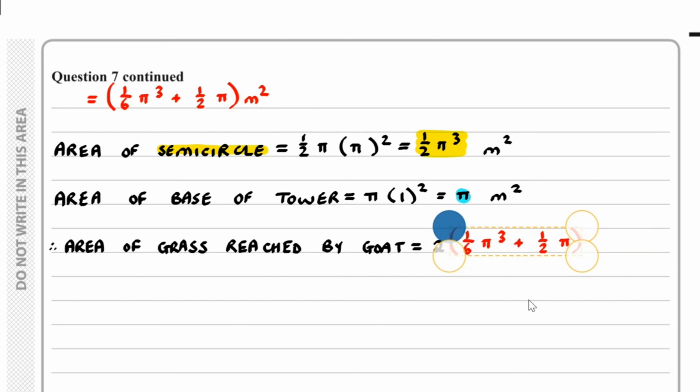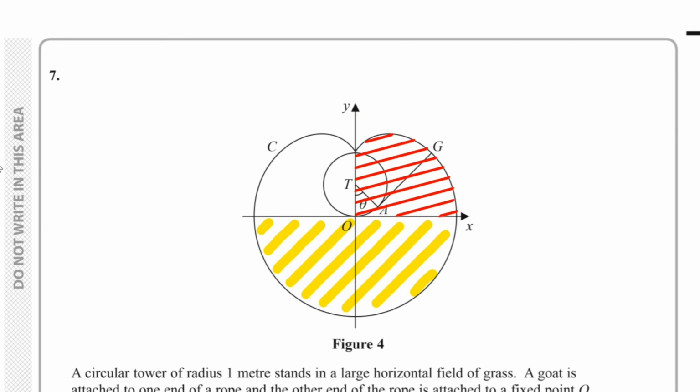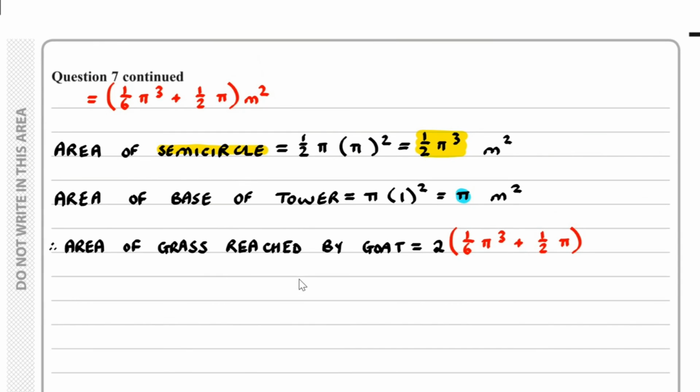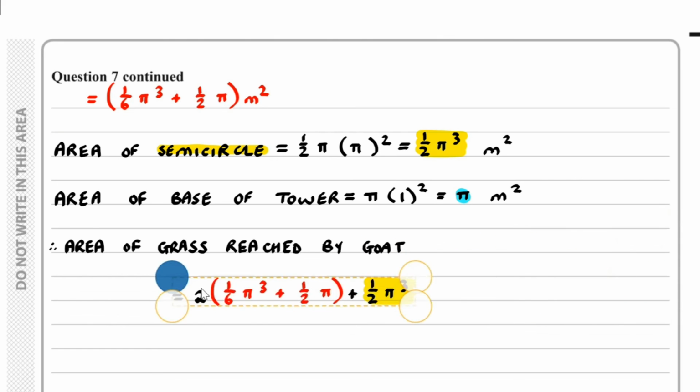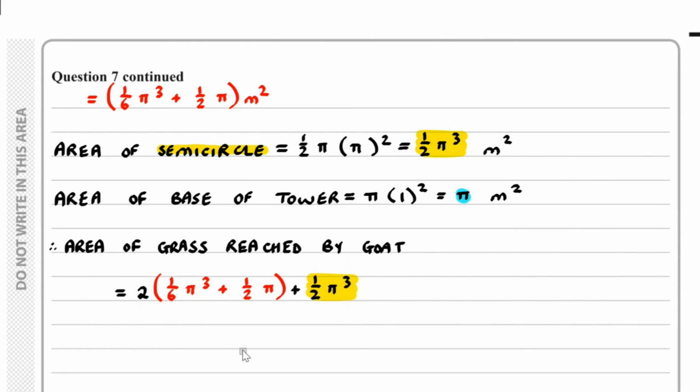And the reason we've got two lots of that is because if we go back to our original diagram, we'd also have the repeat of this on the other side, and that's through symmetry. So that's why we multiply that by 2. And then we add on the area of the semicircle, the 1/2 pi cubed. And then we subtract the area of the base of the tower, which is pi.